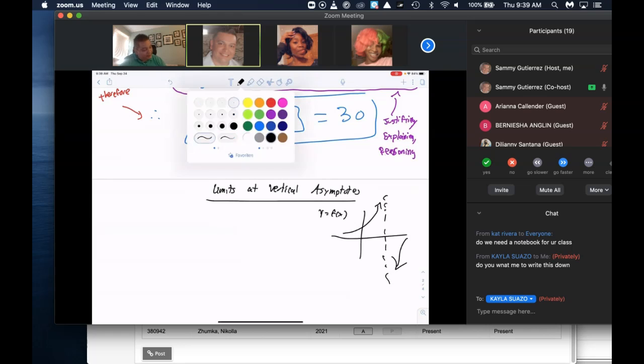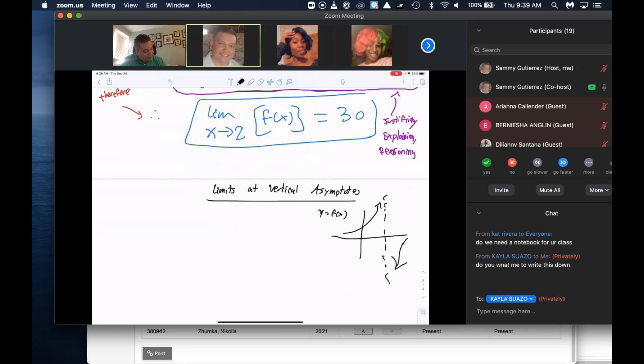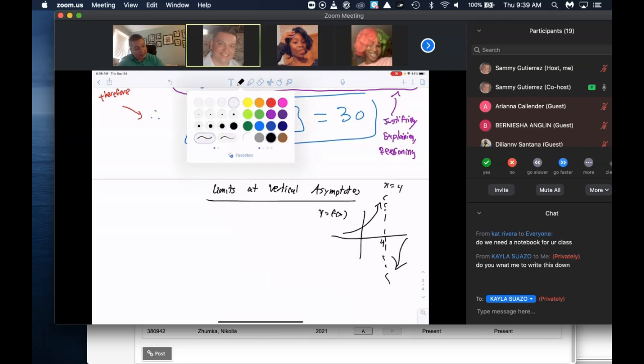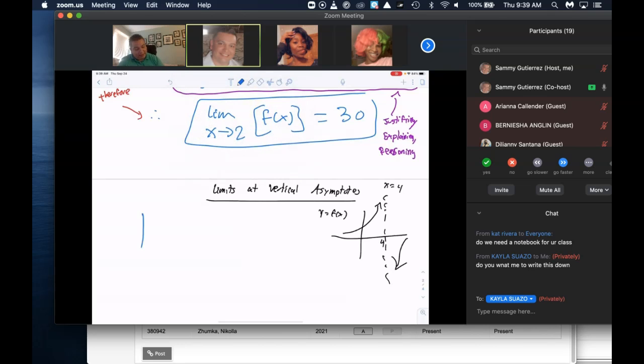In this example, let's say that this value right here is, let's go with 4. So that's the x value 4. So this is the line x equals 4. So if I were to set up a table of x and f of x for this problem right here, if I put in 3, somebody give me a possible answer based on this graph that it'll give me.